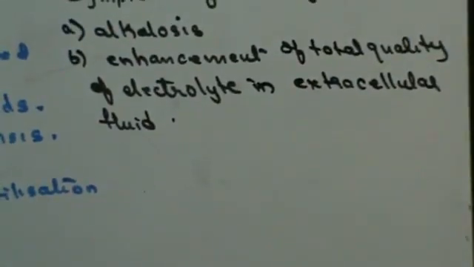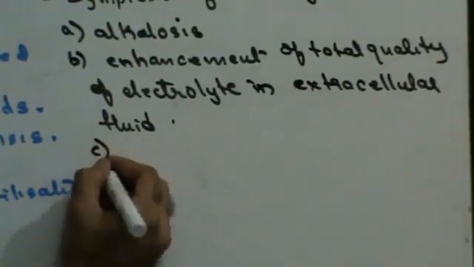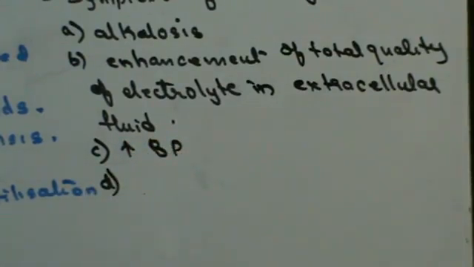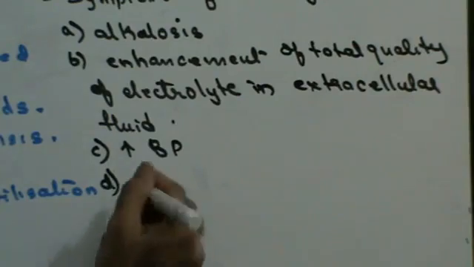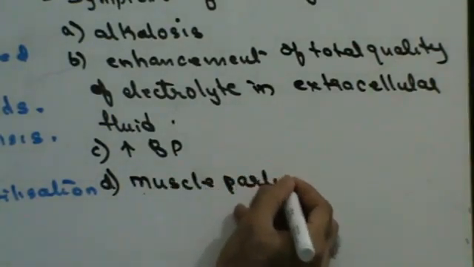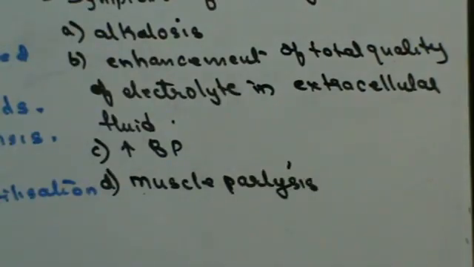Then you would have increased blood pressure and muscle paralysis. Those would be your symptoms of Cushing disease.